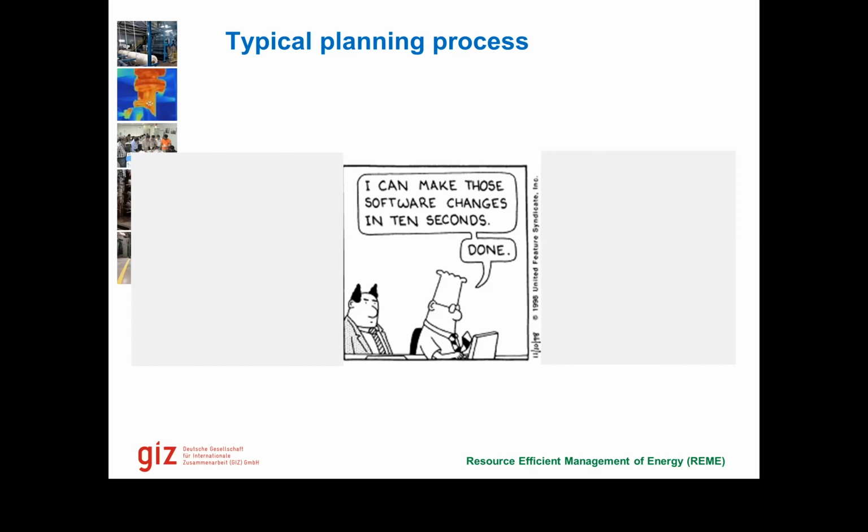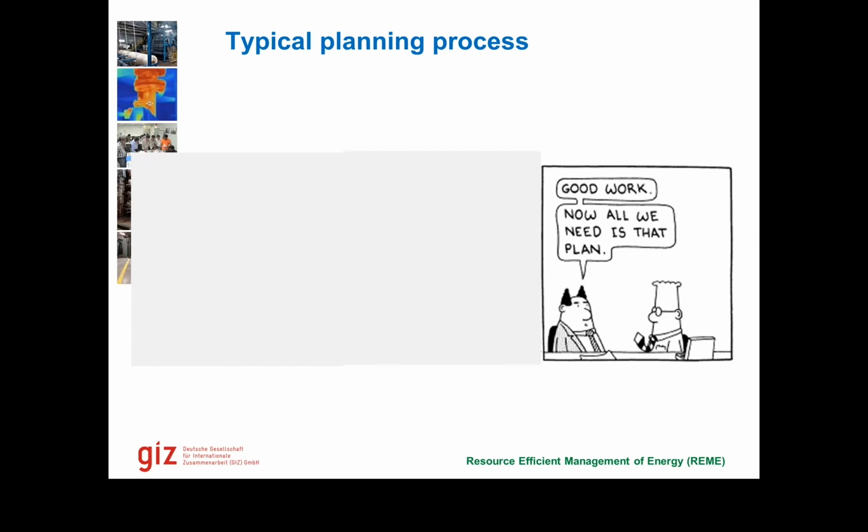The software developer says, okay, give me 10 seconds. He makes the changes without any resources and he says, done, it's been implemented already. The manager says, good work. Now all we need is a plan. So everything is done, but now we need a plan to justify everything that was done. So this is something that we need to avoid when we are doing the planning.